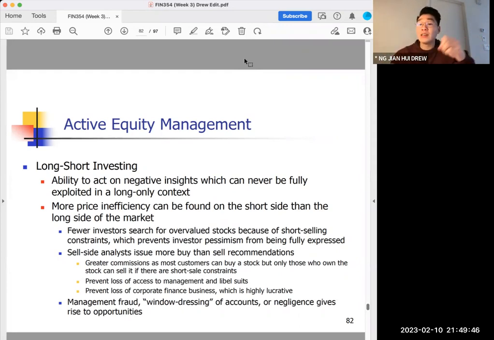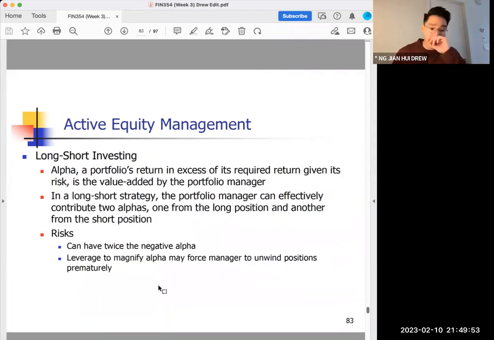So you capitalize on a dual alpha. I'm just going to move on to this part where you have two alphas, in the sense that you have an alpha from choosing the right stock to invest in. Let's say you choose a value stock and you long the stock, but at the same time you get alpha from shorting another stock. And you know the short sell strategy: you short it in the hope that the price might fall, or that you use the money to buy another stock. So you can get double alpha.